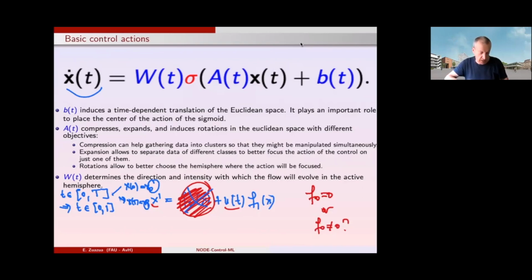Well, because you see, if rather than working with the state xt, I define a new state x tilde t, which is x of capital T times small t.